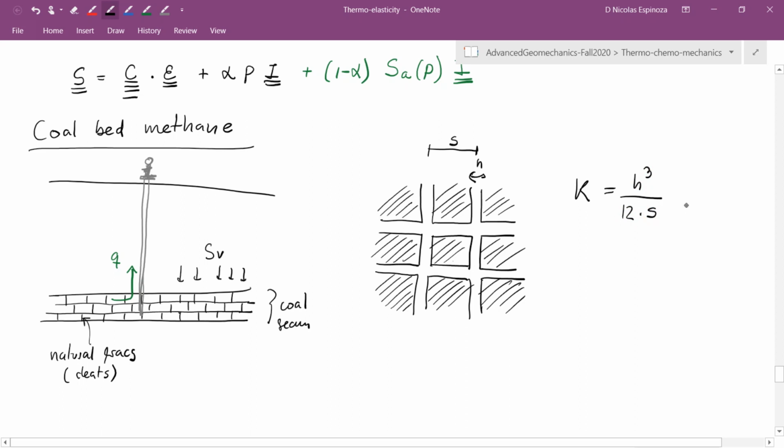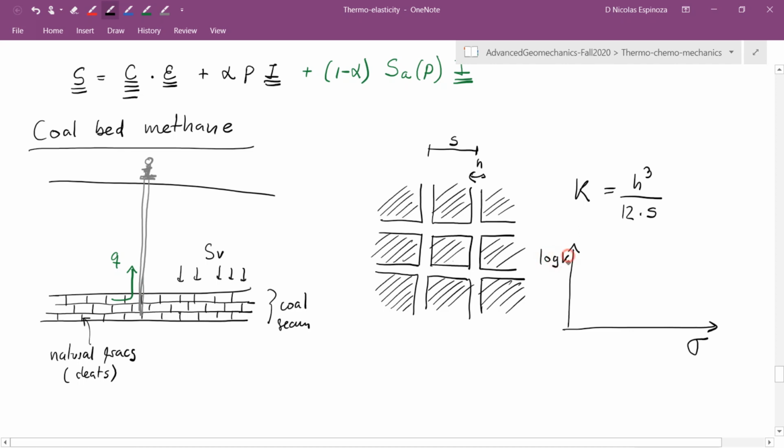And empirically, you can also show that the higher the effective stress on this medium, the lower is going to be the spacing between the fractures, and therefore the lower is going to be the permeability.